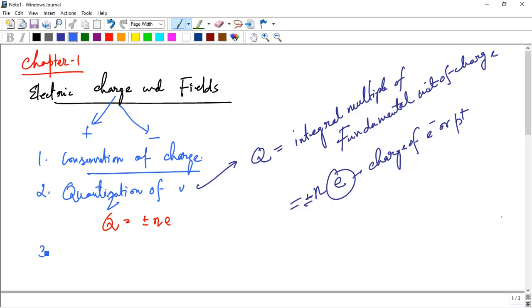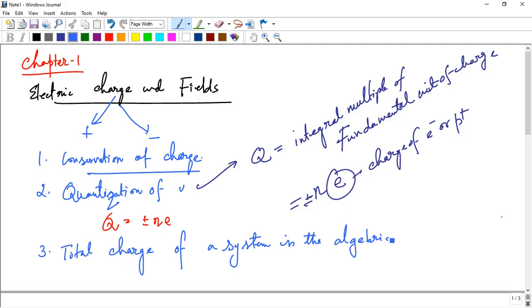Number 3, the additivity of charge: the total charge of a system is the algebraic sum of all individual charges.